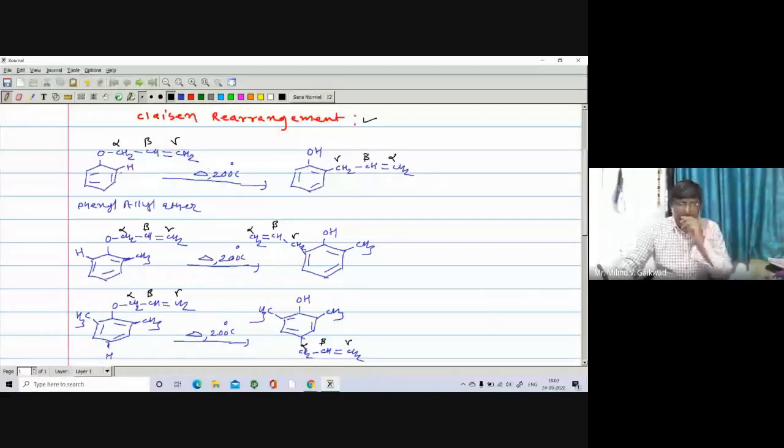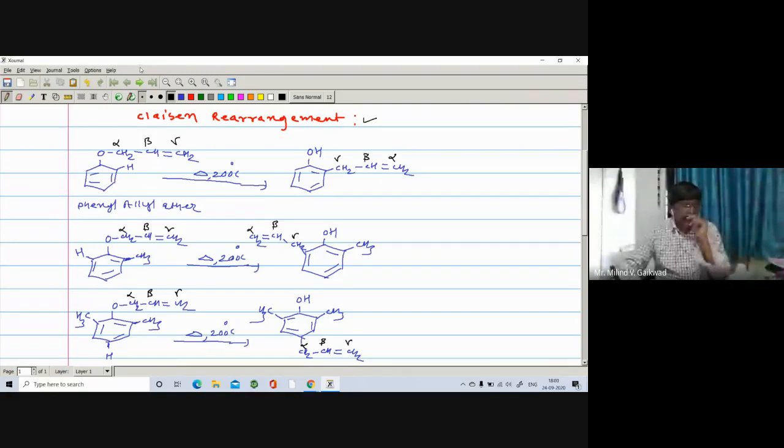When one ortho position is blocked, in that case, the allyl group will attack at the next ortho position. And when both are blocked, in that case, the group will attack on the para position. So it is called a Claisen-Ester condensation, or a Claisen rearrangement reaction, right?